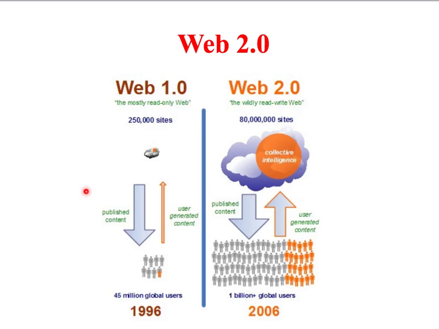And examples that we'll all be familiar with would include social networking sites like Facebook and Twitter and other web-based communities, hosted services like Google Documents, web applications like Gmail, video sharing sites such as YouTube, wikis such as Wikipedia, blogs and so on. This is the new way in which we use the World Wide Web.